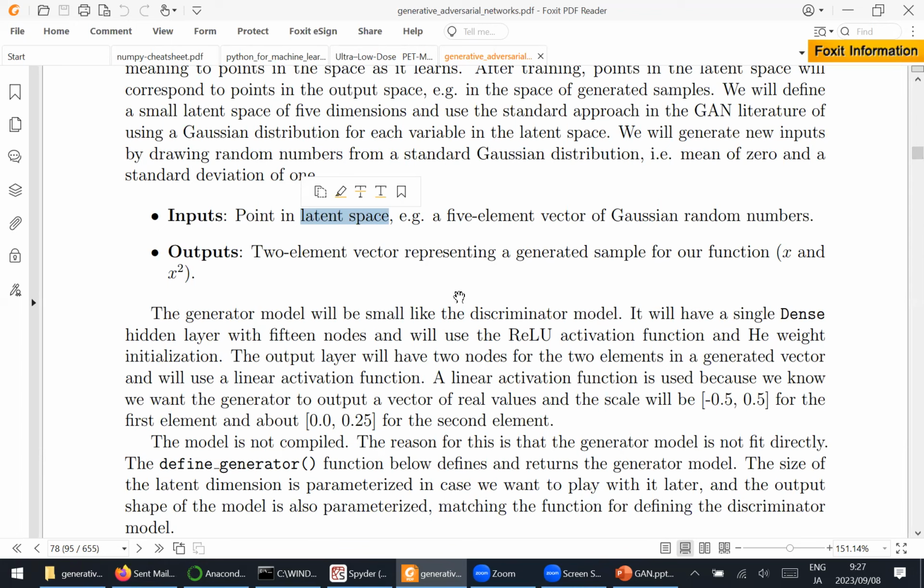For example, for a Monet painting, a single random number seed is not going to be enough, because a Monet painting is very complicated. So you need a more complicated random number seed. That's the way I like to think about it. But for this case, the latent space is going to be the input, and the output is going to be this parabola.